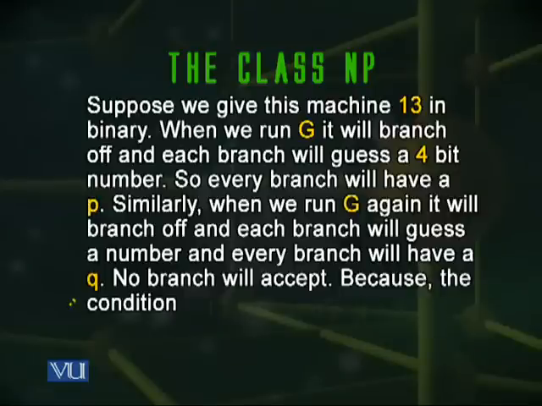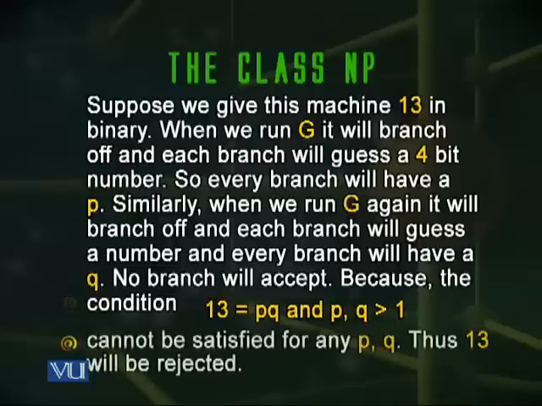No branch will accept. That's because the condition 13 equals p times q, with p greater than 1 and q greater than 1, cannot be satisfied. Thus, 13 will be rejected by all branches, and therefore 13 is rejected by this non-deterministic Turing machine.